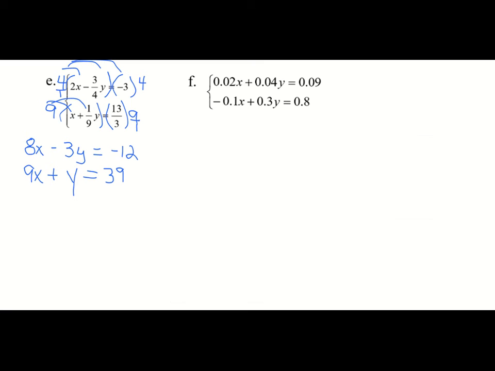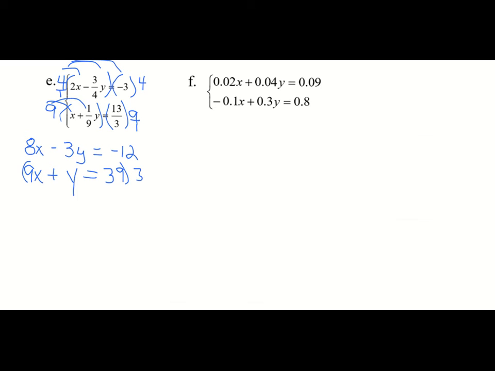All right, so now we have our two equations. We got rid of the fractions, but we don't have anything that we can add together to eliminate. So I have that negative 3y and a positive y. So let's just take this bottom equation and multiply it again by 3 so that we can have something to add together.